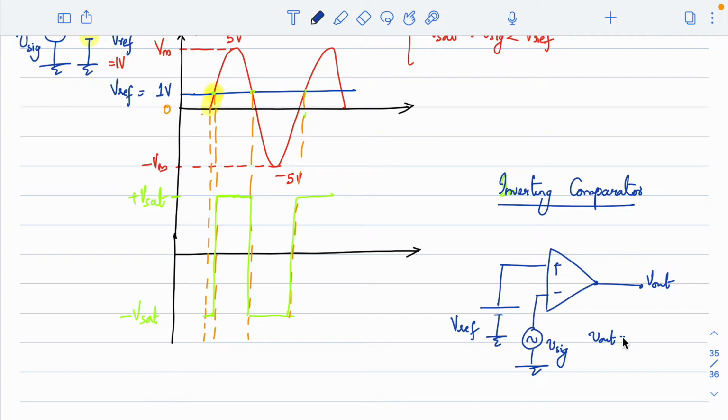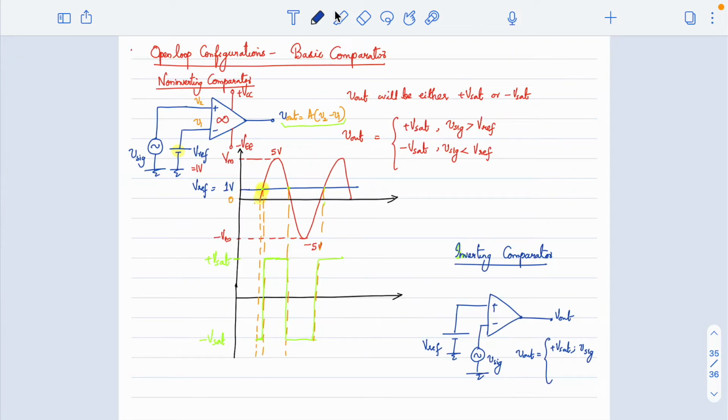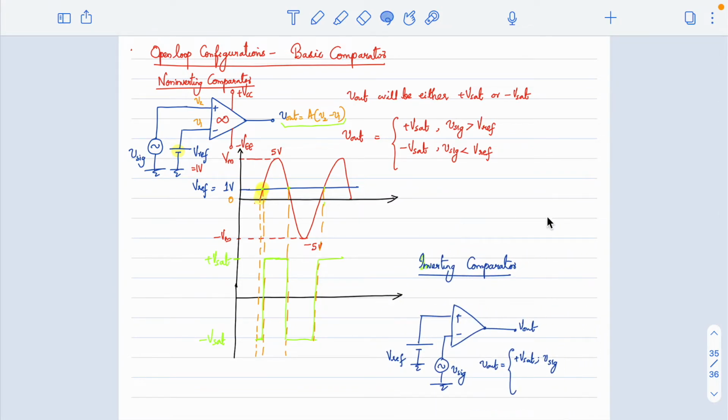We can write V out equal to plus V sat when your V signal is less than Vref, and minus V sat when your V signal is greater than Vref. On the basis of that, we call this an inverting comparator.